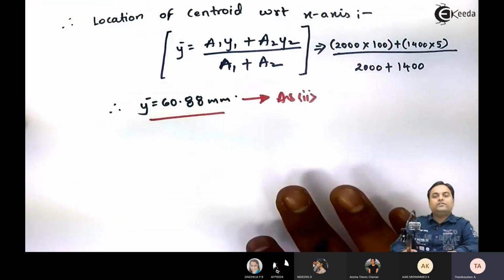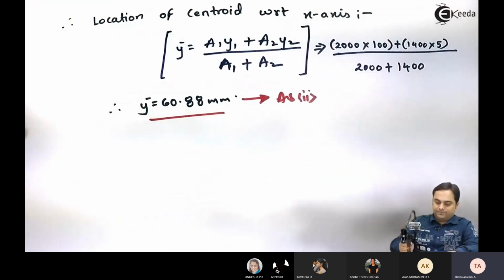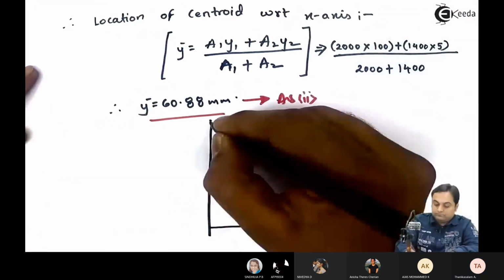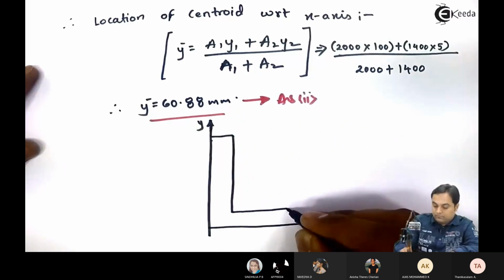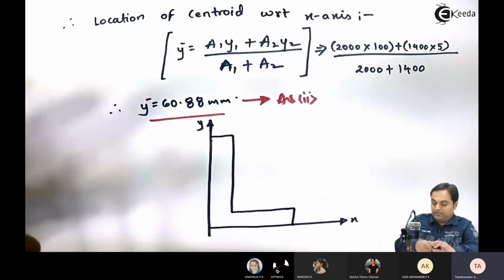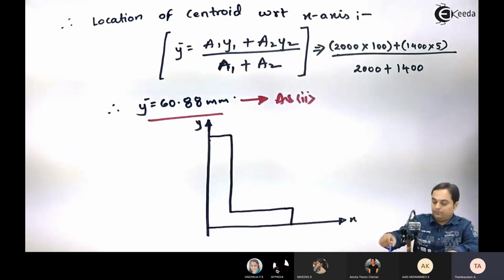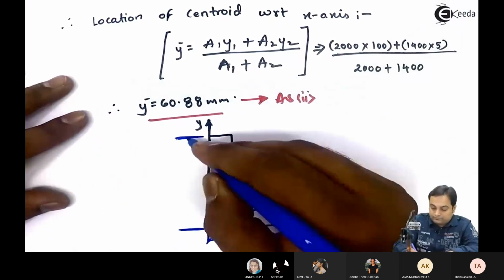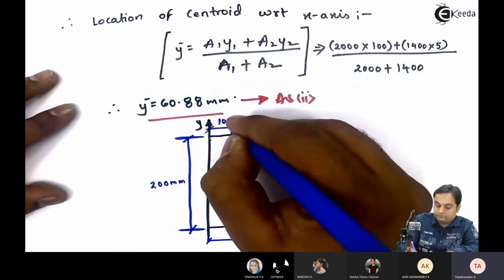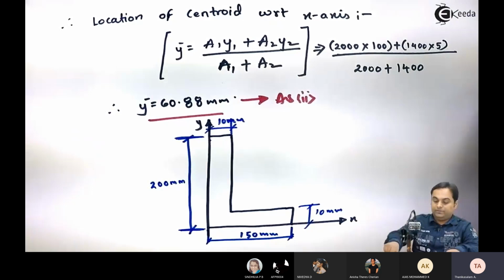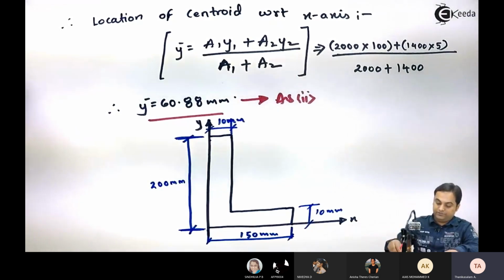Now once we have calculated x bar and y bar, it means we have located the centroid, and now I will locate the centroid for this unequal angle section. Here is the unequal angle section which was given in the problem. Now I locate the centroid for this.